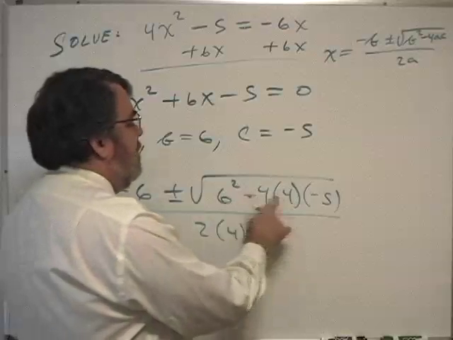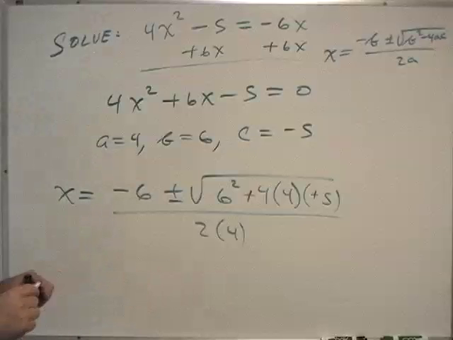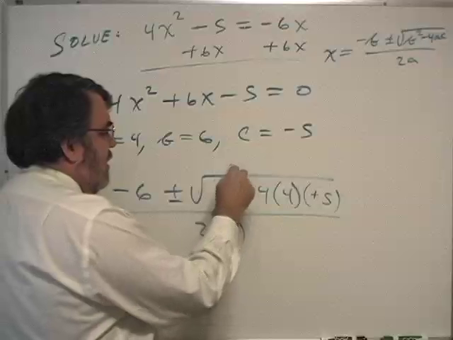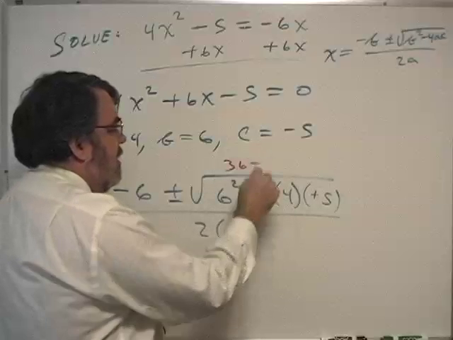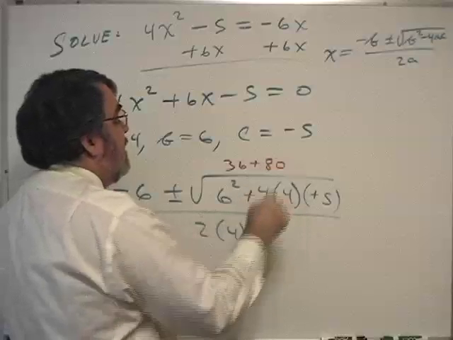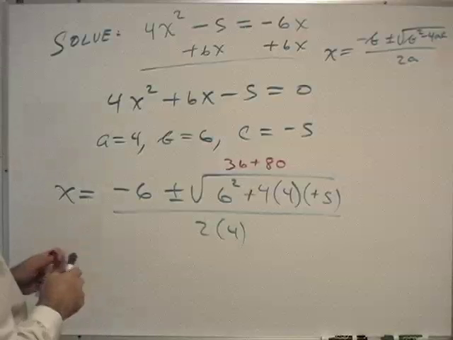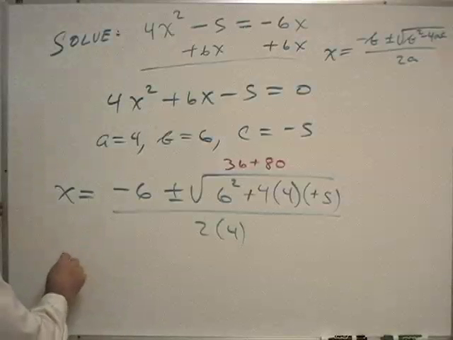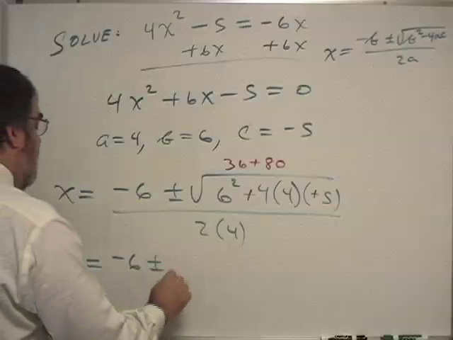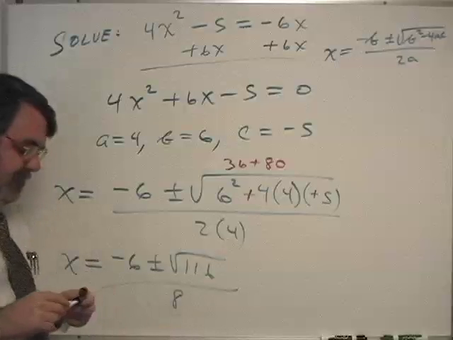Minus and the negative will make everything a plus there. So under the square root, 6 squared is 36 plus, and here we've got 80. 36 plus 80 is 116. So we can write out our tentative answer. x is negative 6 plus or minus the square root of 116, divided by 8.